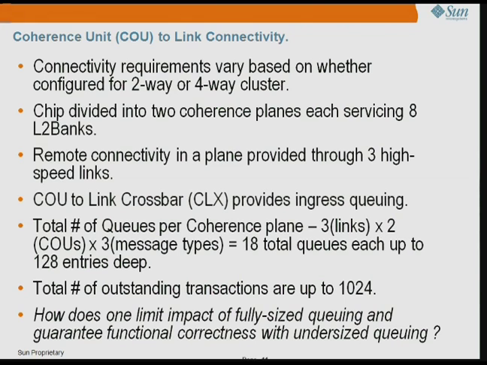We have 2 coherence planes, which means we need to support 2 such large sets of queues. On top of that, the total number of outstanding transactions is up to 1,024. How does one limit the impact of fully sized queuing and guarantee functional correctness with undersized queuing?